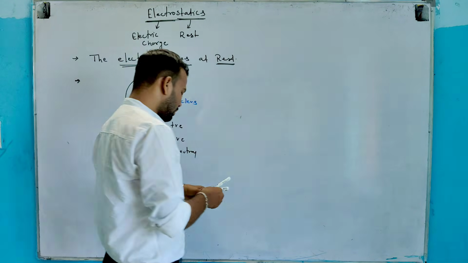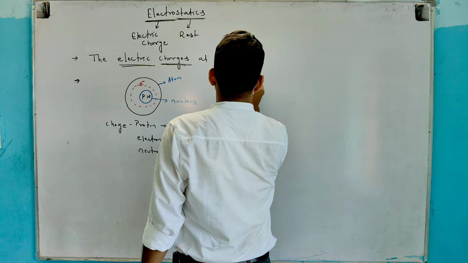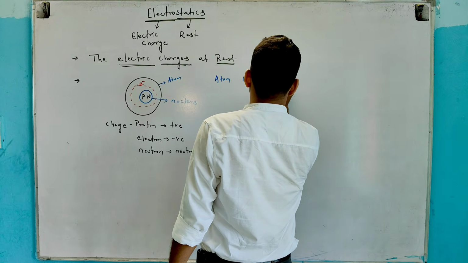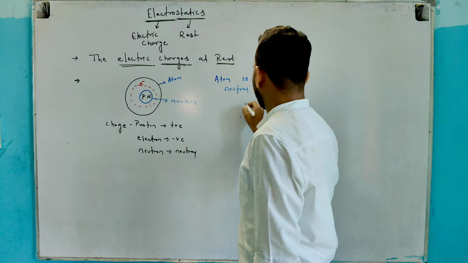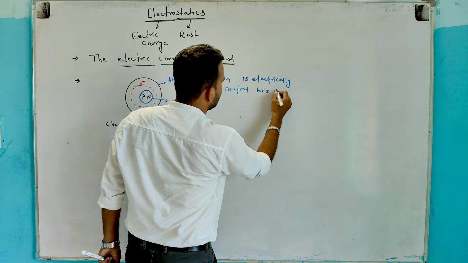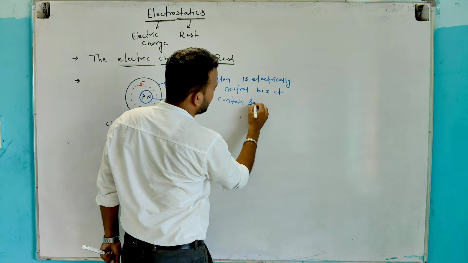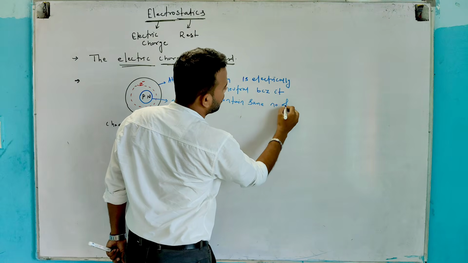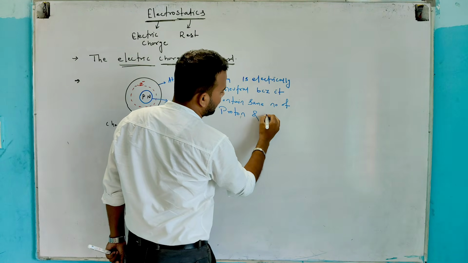So, the atom is electrically neutral because it contains the same number of protons and electrons.